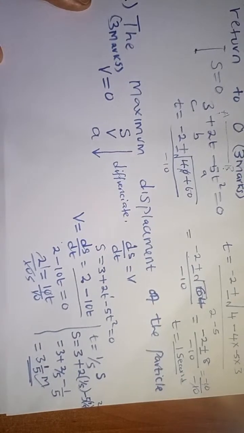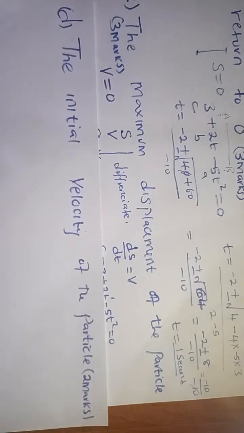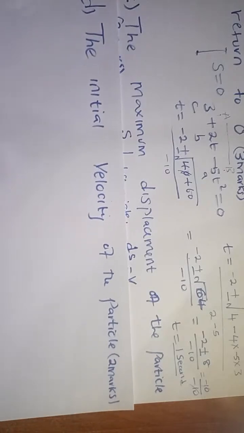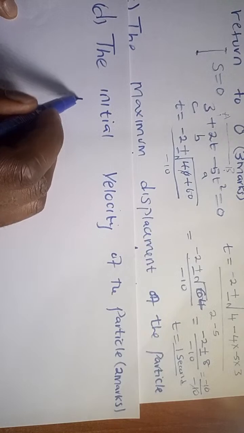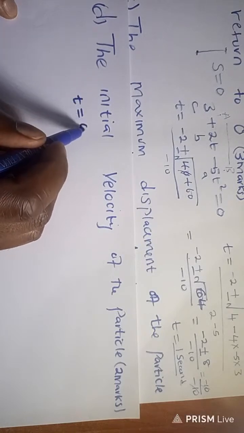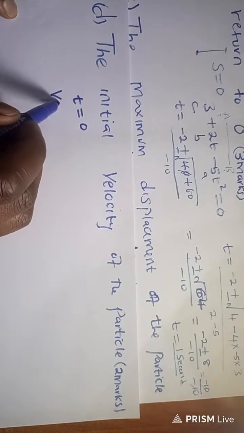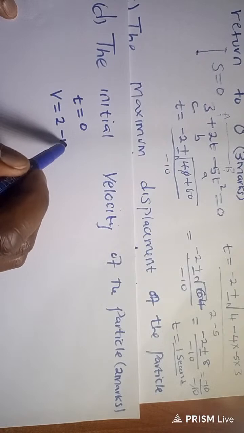And finally, the initial velocity of the particle. Initial velocity means t at that point is equal to 0, and the equation for velocity is v = 2 minus 10t.